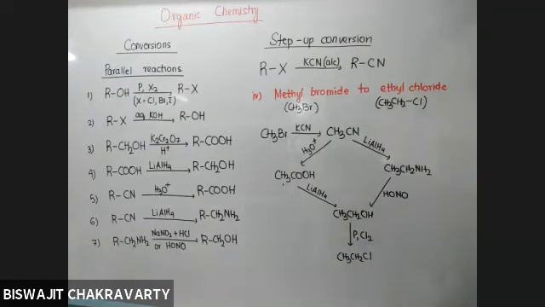I hope it is understood. So remember this step of conversion using potassium cyanide method. There are various ways of increasing the number of carbon atoms, but for our syllabus, this is one of the important methods.